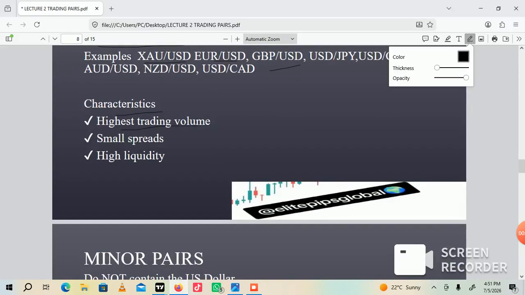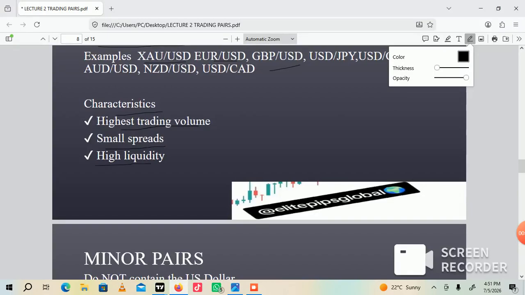First of all, highest trading volume. Major pairs have very high trading volume, which means the amount per pip is very high. We have small spreads, and again we have high liquidity.